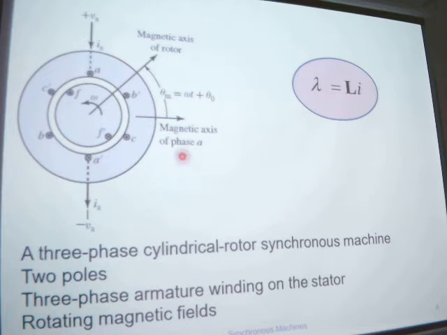We know this equation, lambda equals Li. L is the inductance of a coil, I is the current, and lambda is the flux linkage.